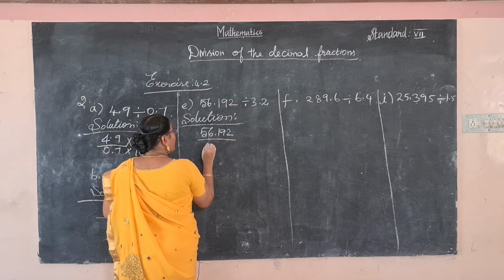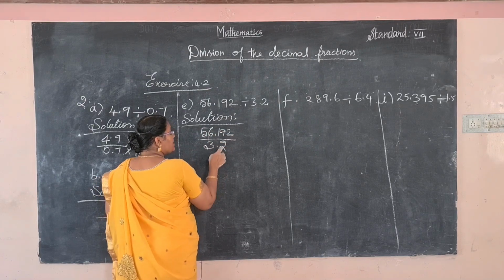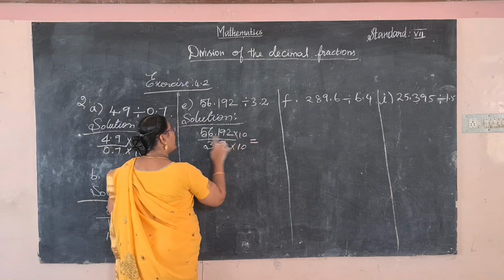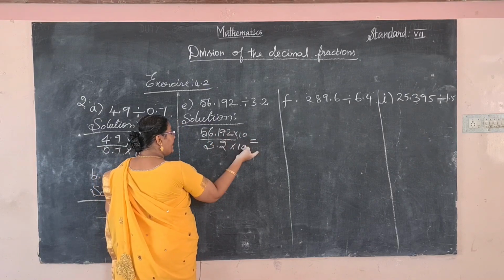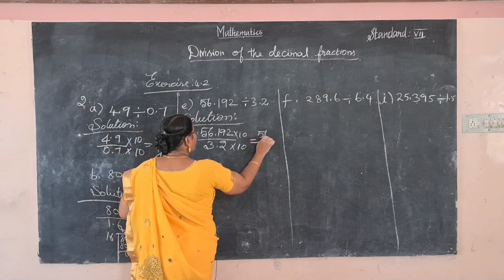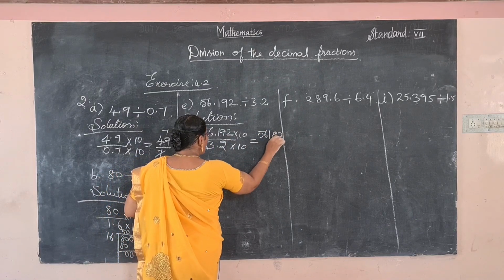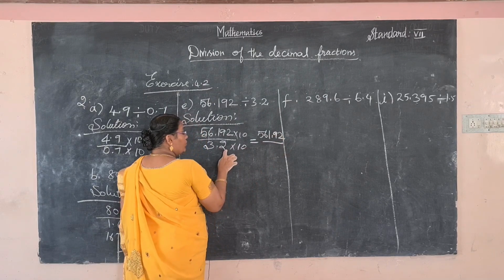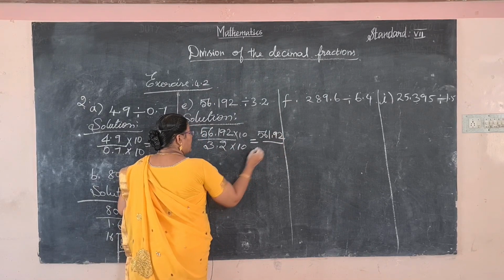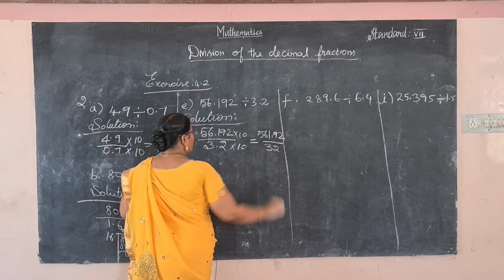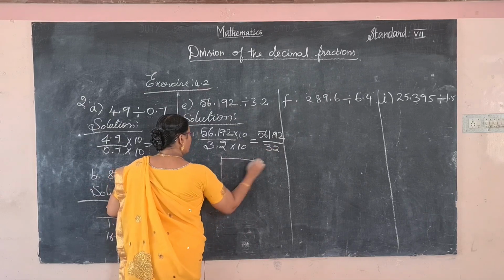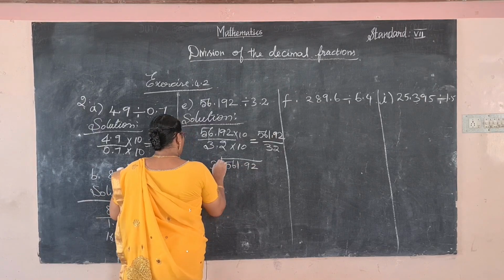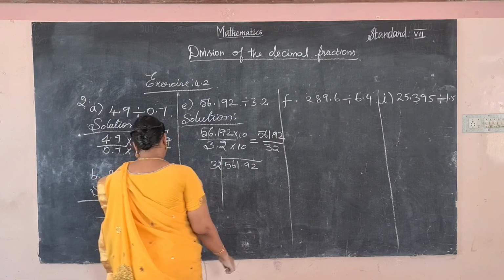And the next problem: 56.192. The divisor has one decimal place, so the numerator and denominator are multiplied by 10, and the decimal point moves to the right. So 561.92 divided by 32.